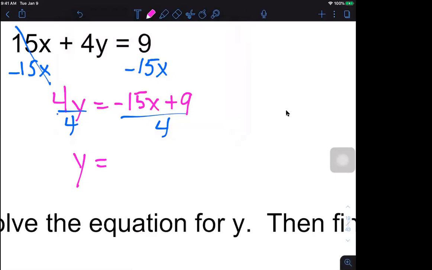And now we're going to break that 4 off into 2 places. It goes to our negative 15 and also our 9. So we have negative 15 divided by 4, x, plus 9 over 4. Can we reduce either of those fractions, negative 15/4 or 9/4?